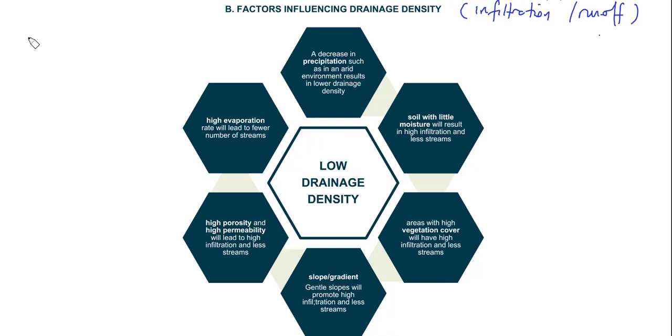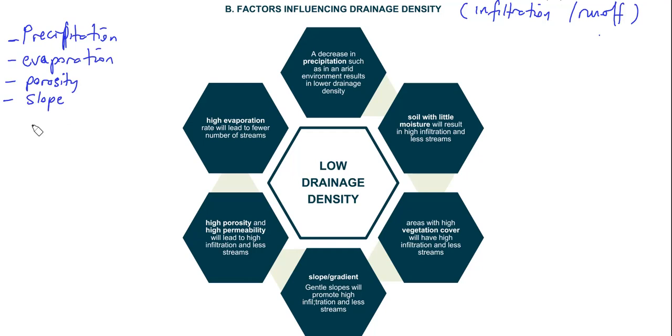These factors, we have to talk about precipitation, we talk of evaporation, we talk of porosity, and in Geomorphology 1, I explained the porosity. I explained these factors here, I did explain them very well. We have got slope here, which is the gradient.